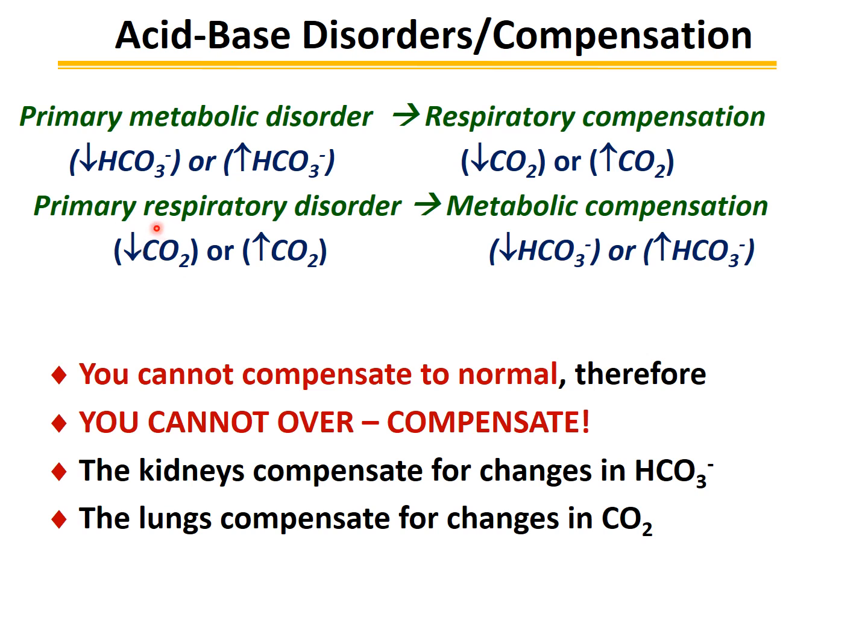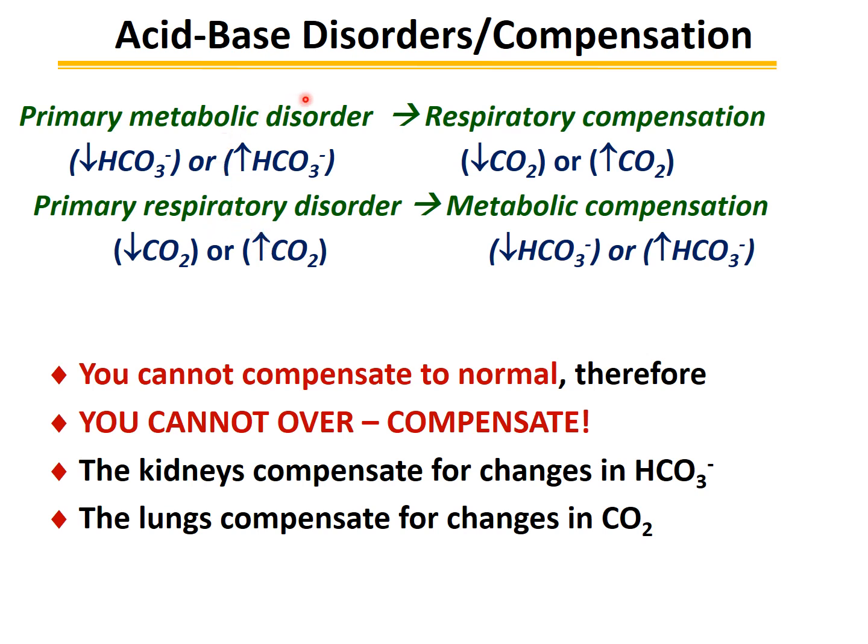Okay, so alkalemia and acidemia mean the concentration of the hydrogen, similarly to hyperkalemia and hypokalemia. Whichever component explains the changes of the hydrogen ion concentration, that's the primary disorder.